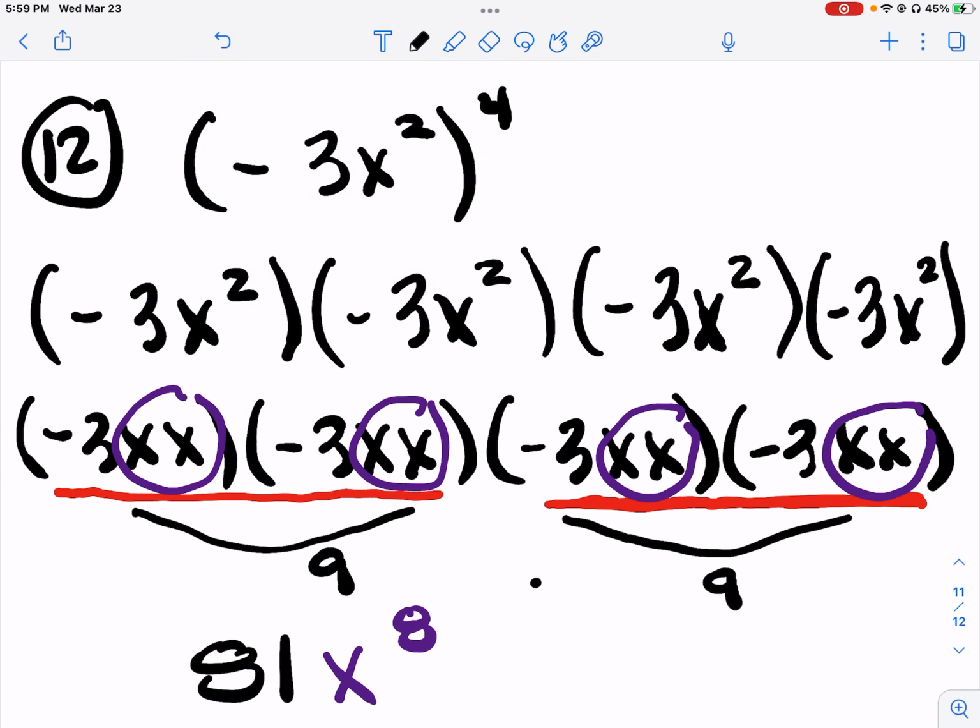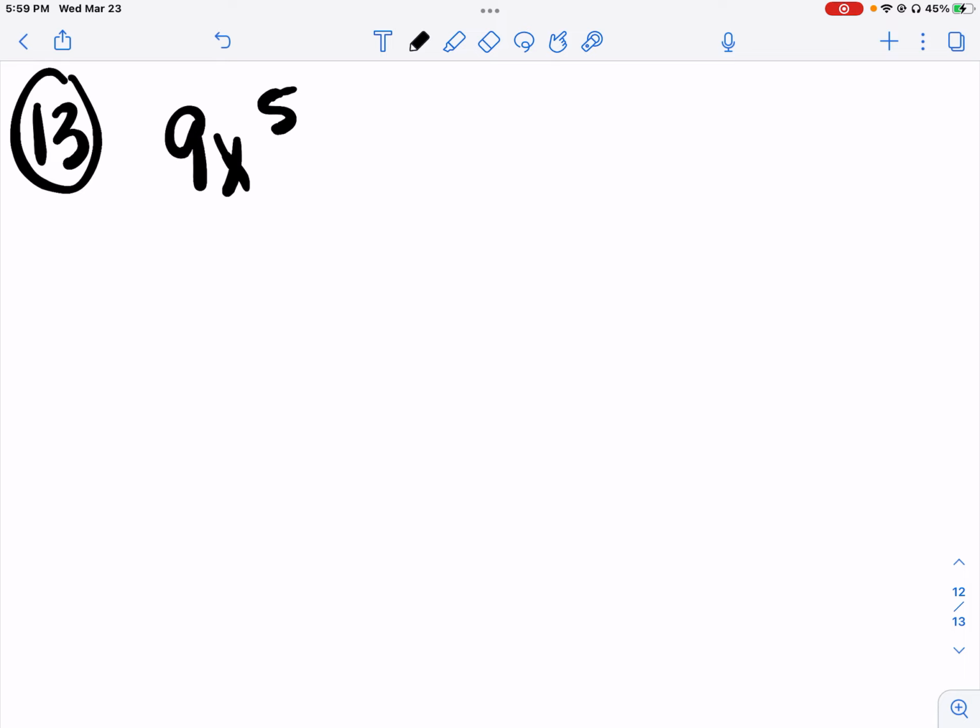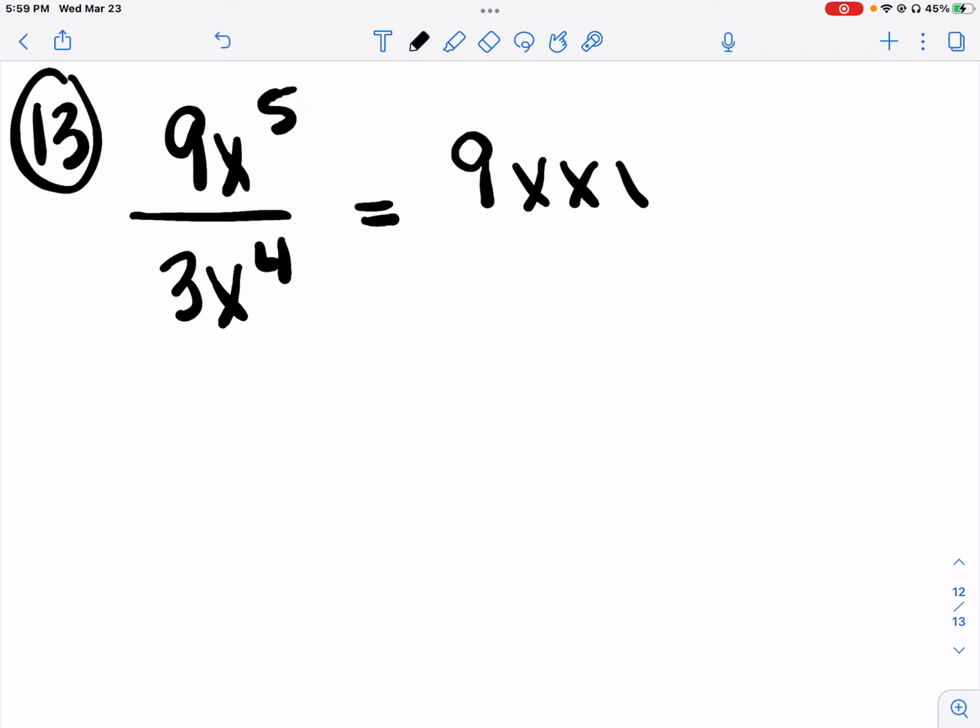Okay, the 4 is on the whole thing, write the whole thing 4 times. The 2 is on x. Okay, 9x to the 5th, 3x to the 4th.